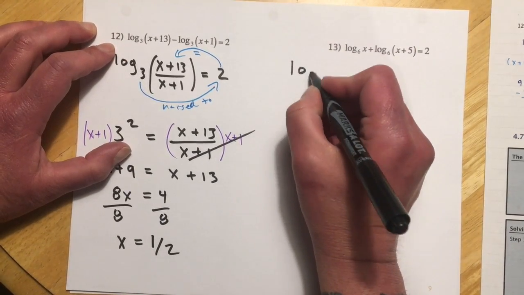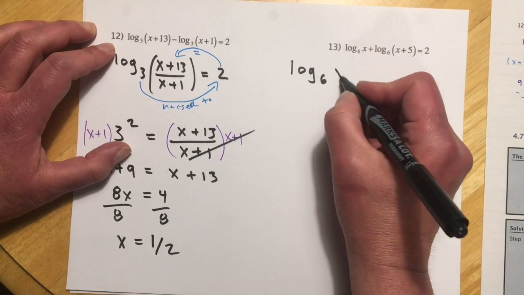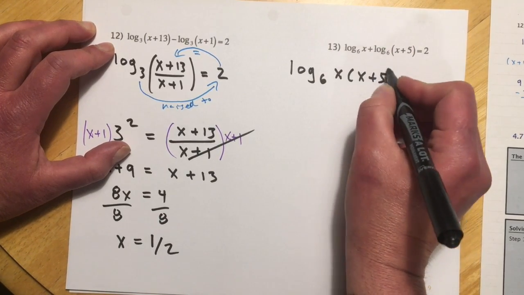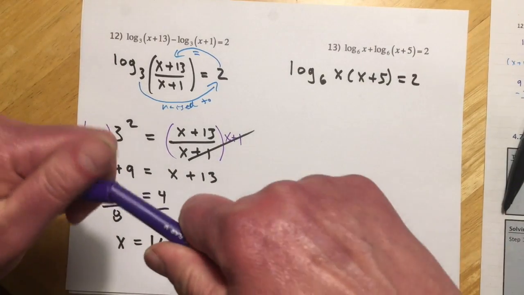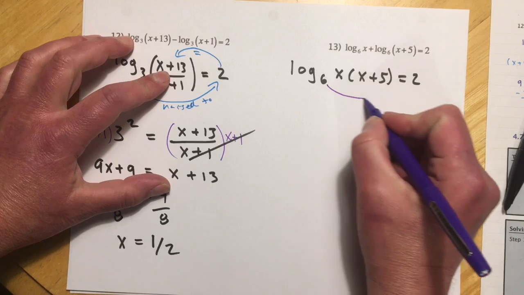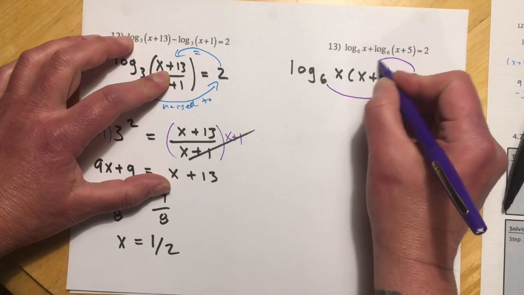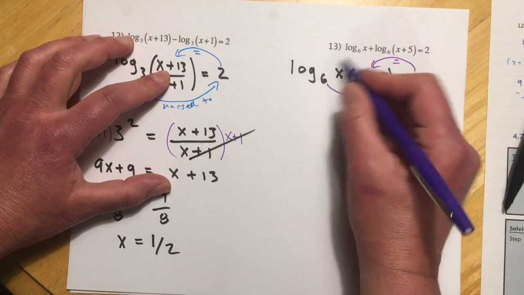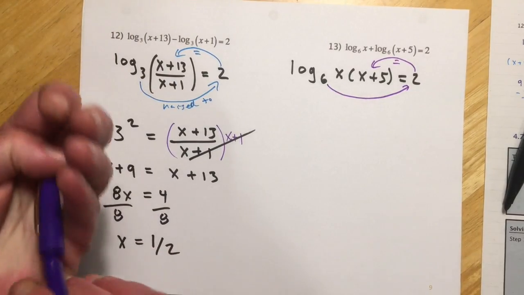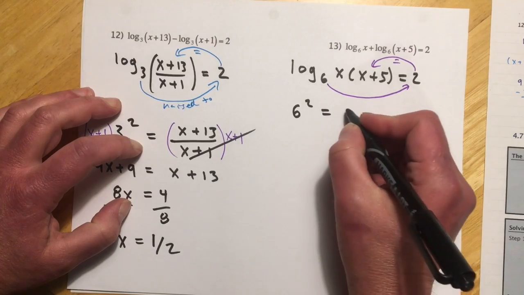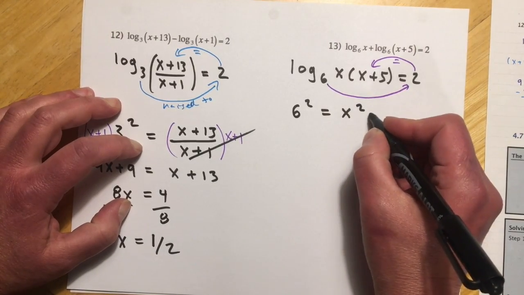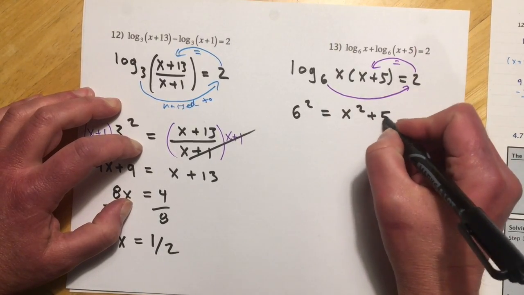This next one's similar, except now it's an addition. So that'll be log base 6 of x(x + 5) equals 2. And then there's that same thing. We're going to go 6 raised to the second equals this stuff. So 6 squared makes x squared plus 5x.